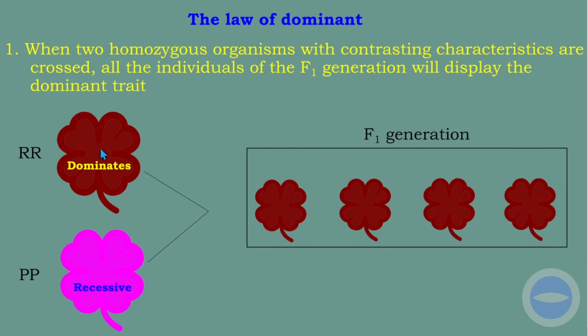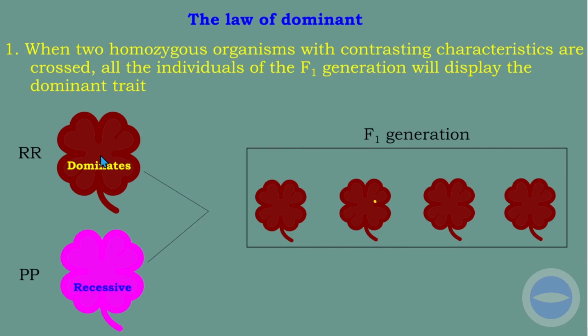If we cross these two leaves, all of their first generation will show the dominating trait. So they will be red. If you see here, all their offspring are red because this one is recessive, this one is dominating. This is what the law says.